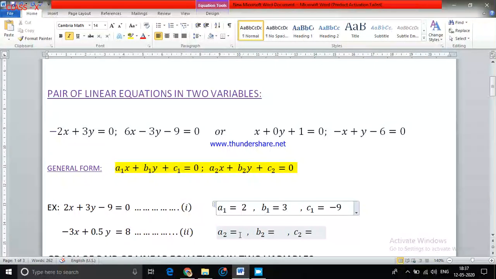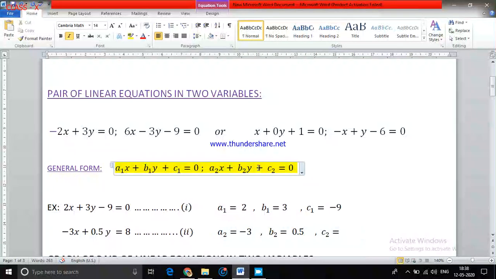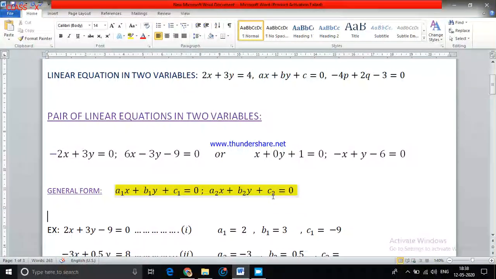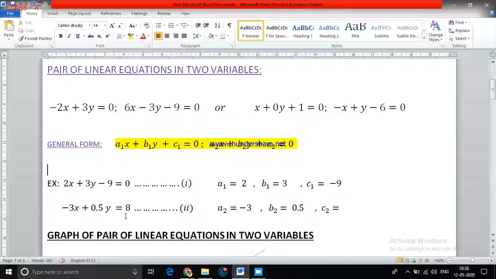So now can you write the a2, b2, c2 values? The a2 value will be minus 3. The b2 value will be 0.5. Now for the c2 value, don't write that the c2 value is 8, because c2 has to be on the left side of the equality, but here 8 is on the right side of the equality. So I cannot compare directly.